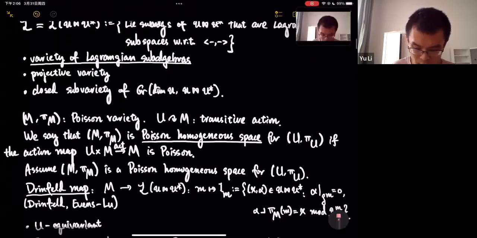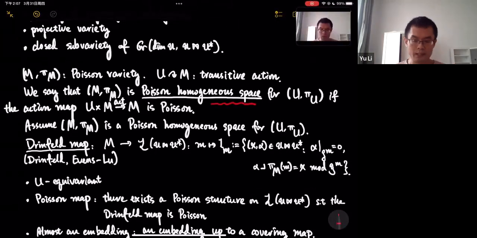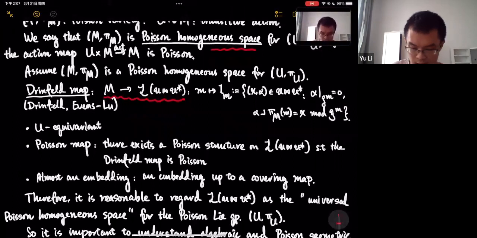Moreover, if I'm given a Poisson homogeneous space (M, pi M), then we have the so-called Drinfeld map, sending M to the variety of Lagrangian subalgebras. It is known that this map is U equivariant, and there exists a Poisson structure on the variety of Lagrangian subalgebras such that this map is Poisson, and up to a covering map, this is an embedding.